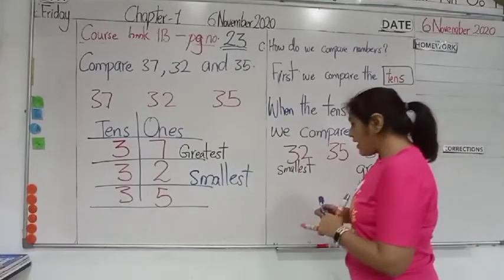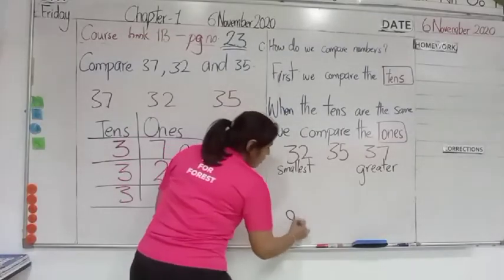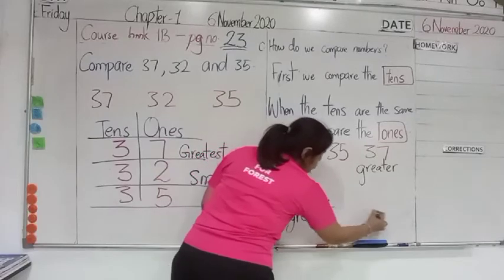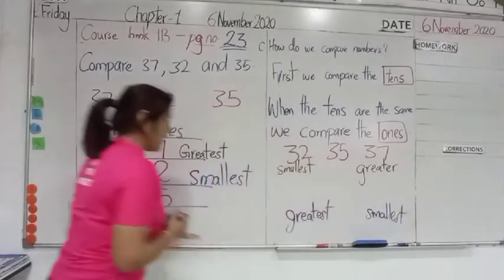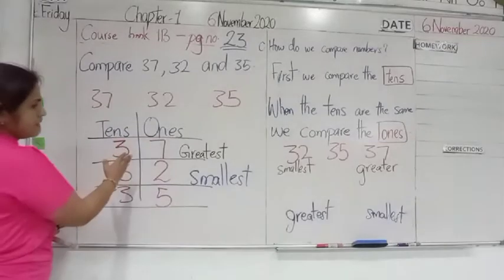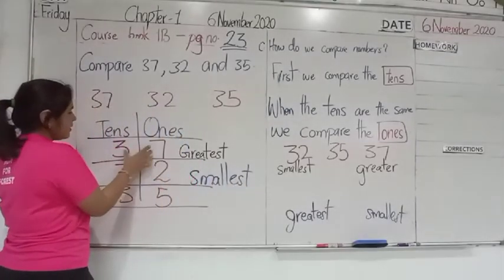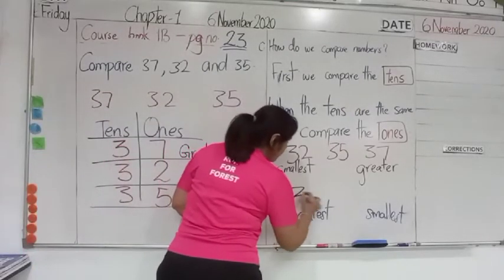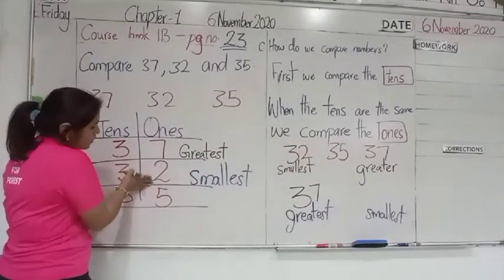And the greatest is 37. Now, if I say arrange the numbers from the greatest to the smallest, what will you do? Look at the table. Greatest here is 7, the number is 37, so you will write 37. Next comes two numbers.